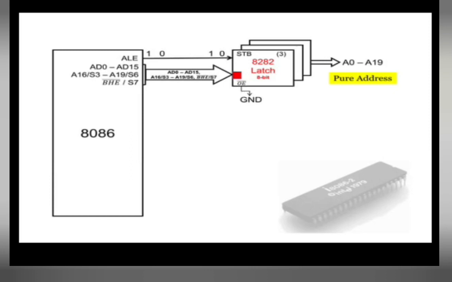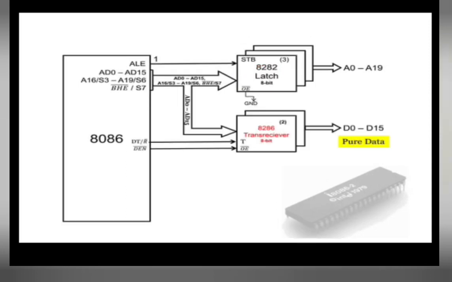The signals are actually enabled by the ALE signal. What is meant by ALE? Address Latch Enable. Once the latch works, it produces the purified address A0 to A19. That is exactly what the diagram shows.